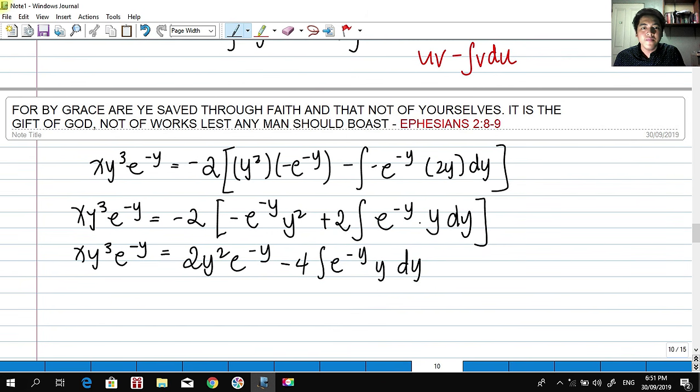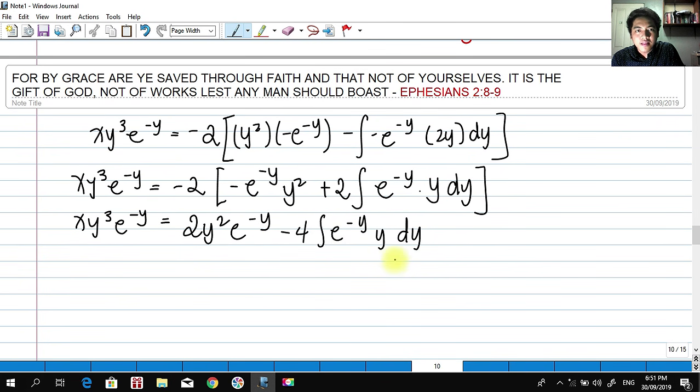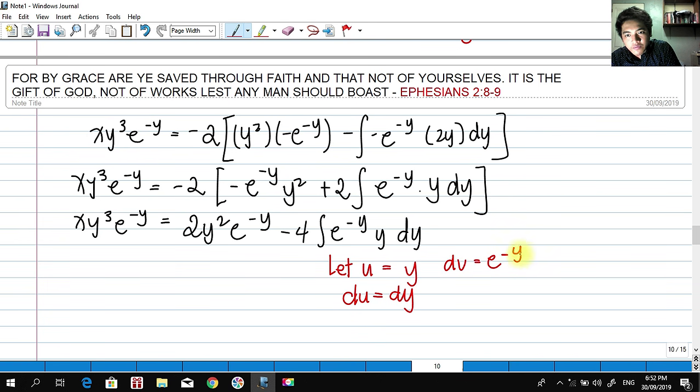And as you can see, we're going to get the integral again of this. That is again integration by parts. So we have to let u equal now to y. Derivative of u with respect to y is dy. Our dv now would be e raised to negative y dy. Still the same. Our v, we get the integral of this, negative e raised to negative y.